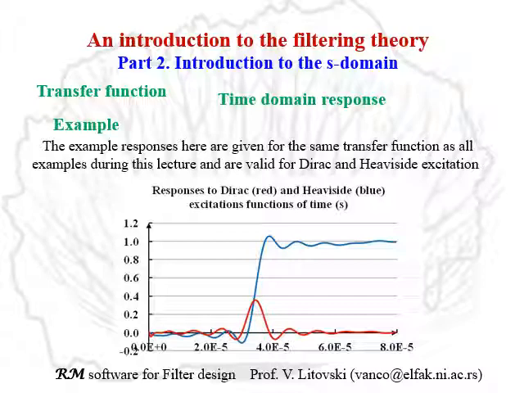And as you can see, due to the linear phase or constant group delay, the Dirac pulse response is almost ideally symmetrical with respect to its maximum value point, which is of importance in some applications of filters in pulse transmission.